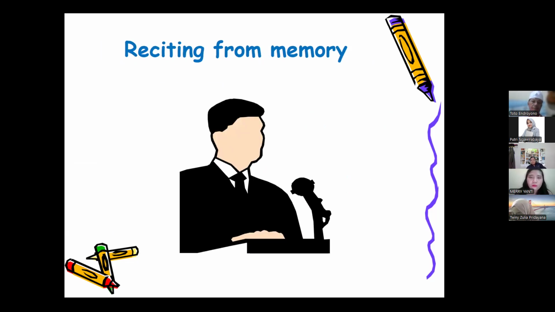Reciting from memory is when the speaker memorizes the whole speech and delivers it without looking at notes. For example, in a school competition a student memorizes a poem or declamation piece to perform on stage.